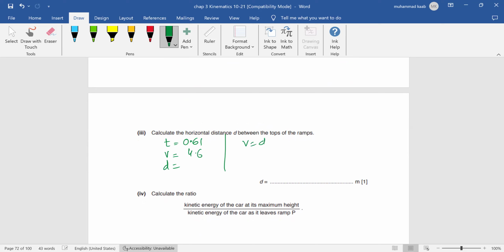Speed equals distance over time, so multiply the speed 4.6 by the time and you'll get the distance. Yes, how much? Sir, 2.8. Perfect.